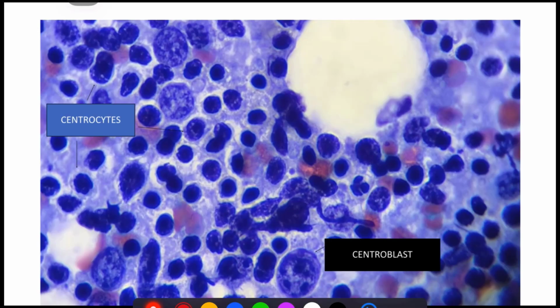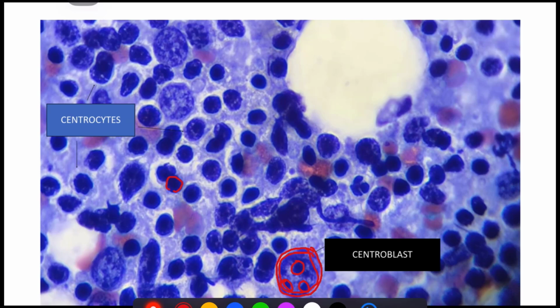So here this is the Pap stain. You can see the centroblast very beautifully, 3 nucleoli attached to the nuclear membrane, right? So this is centroblast.